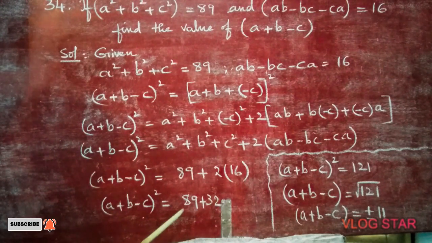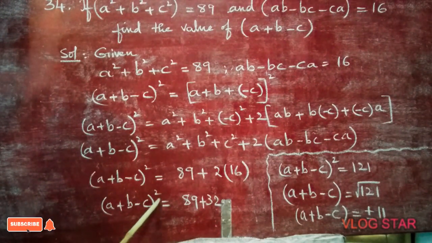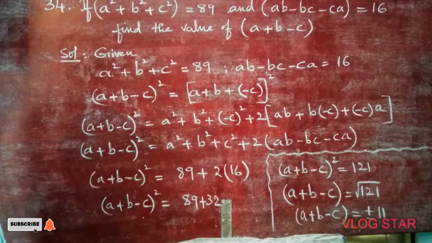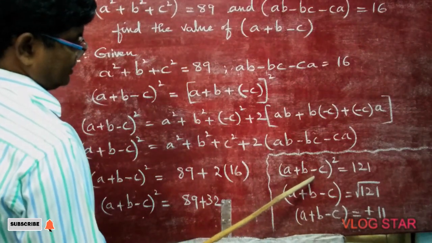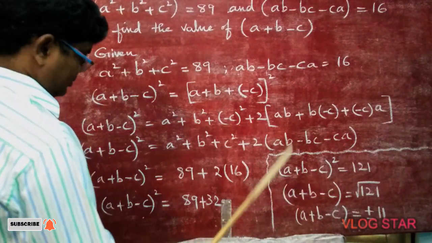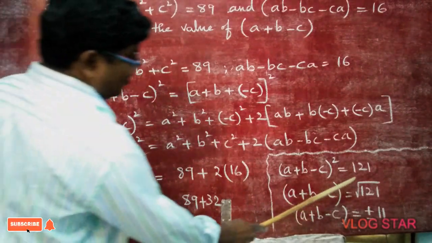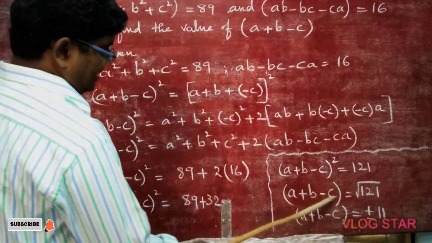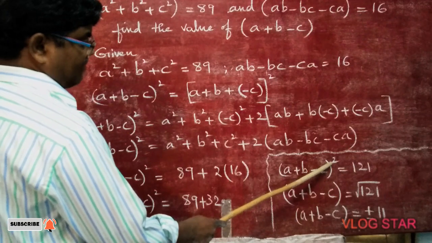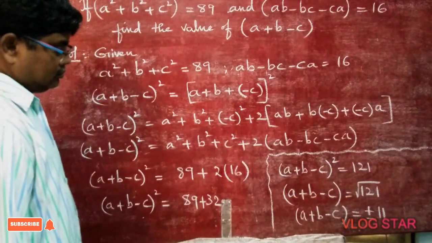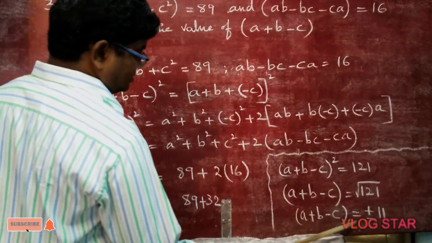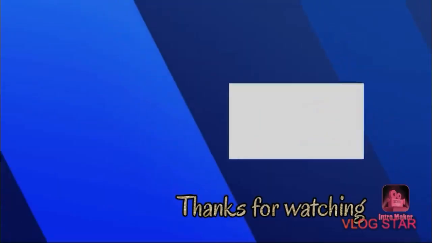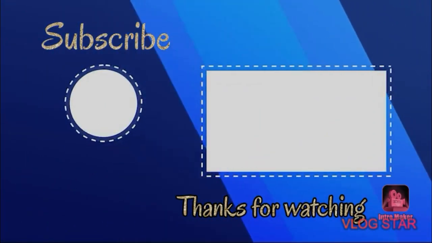Now, (a plus b minus c) whole square is equal to 89 plus 2 16s are 32. Now add. (a plus b minus c) whole square is equal to 89 plus 32 is 121. So a plus b minus c is equal to, square goes from left to right, it becomes square root. What is the square root of 121? Plus or minus 11.